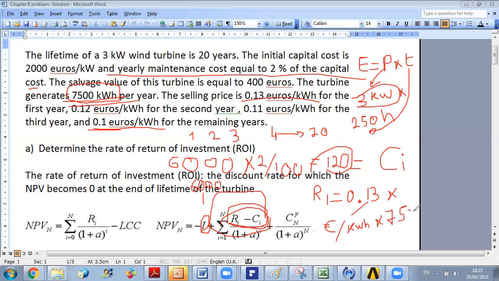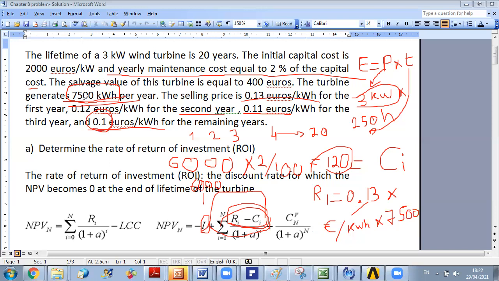We perform the same operation for the second year: the income will be 0.12 times 7,500. For the third year, it's 0.11 times 7,500. And finally, from year 4 to year 20, the income will be 0.1 times 7,500.